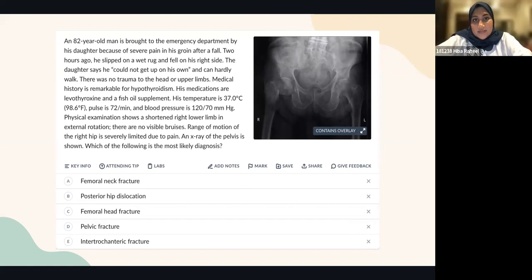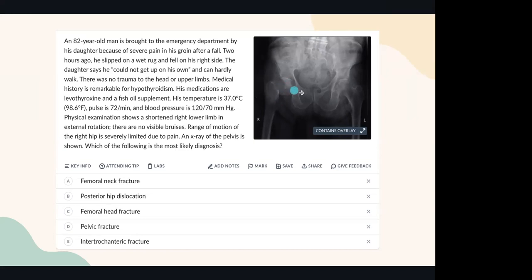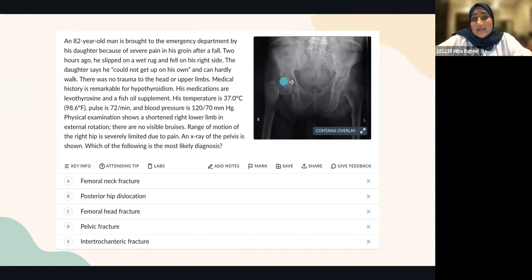For this one, there won't be avascular necrosis of the head per se because there is no anastomosis affected by it. The head is still inside the acetabulum, so it has not moved. How can you identify that this is a femoral neck fracture? Number one, he has pain in the groin and there's no visible bruising, which is an indication that this is a femoral neck fracture.